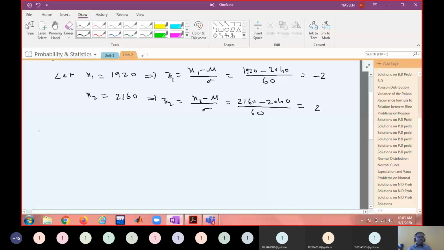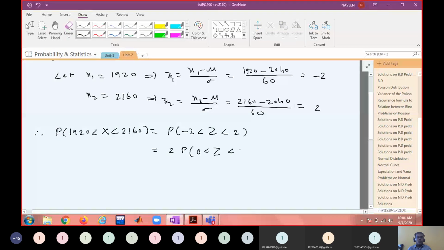So therefore, the probability that 1920 is less than x less than 2160 is the same as the probability that -2 less than z less than 2. This is nothing but 2 times the probability that 0 less than z less than 2.